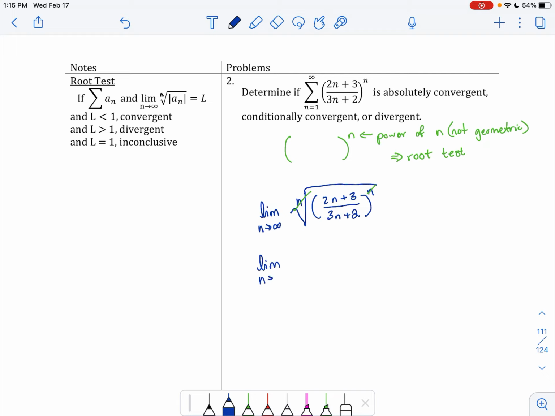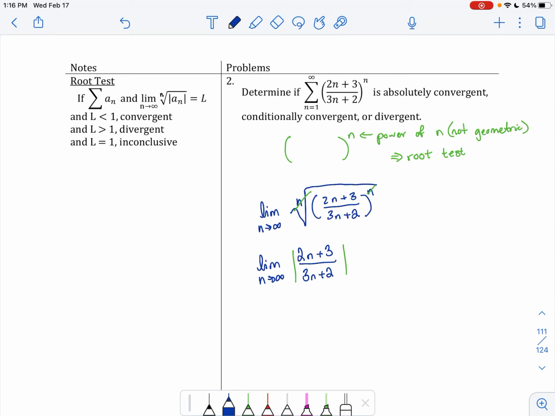So then the limit as n approaches infinity, in this case, of 2n plus 3 over 3n plus 2. Now you'll notice here there's an absolute value, and we could include that here, but you'll notice that we have only positive values. So that's just fine.